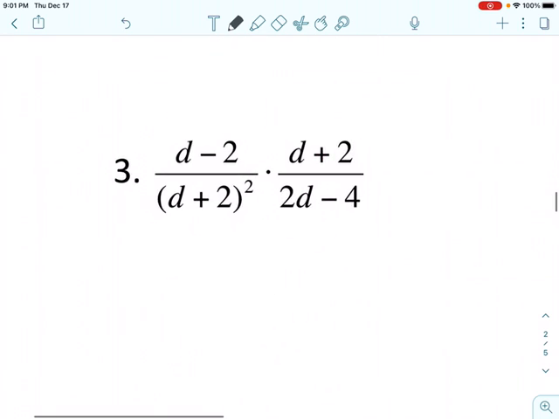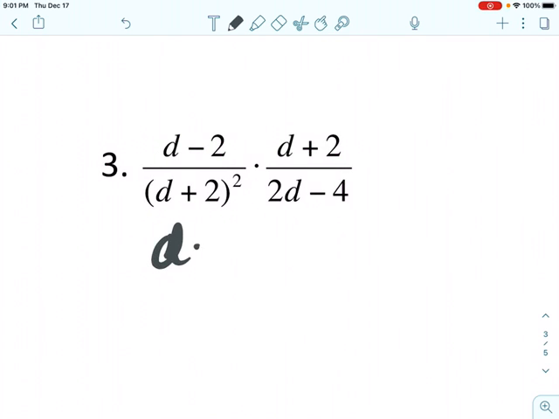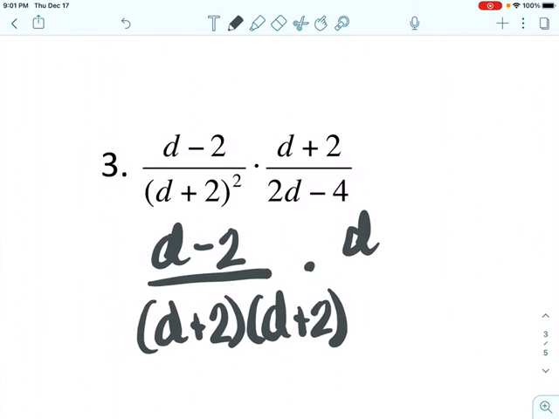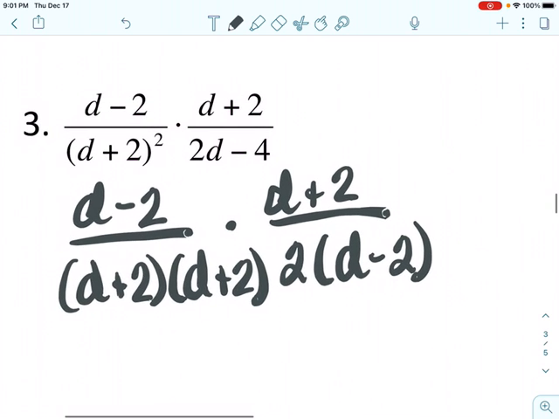All right, let's try this one. Okay. First thing I'm going to do is factor, or GCF. Now this d plus 2, I'm going to write it twice. You don't have to. I find it to be helpful. And I'm going to factor out a 2. Okay, I'm going to look at my denominators and write my restricted values.